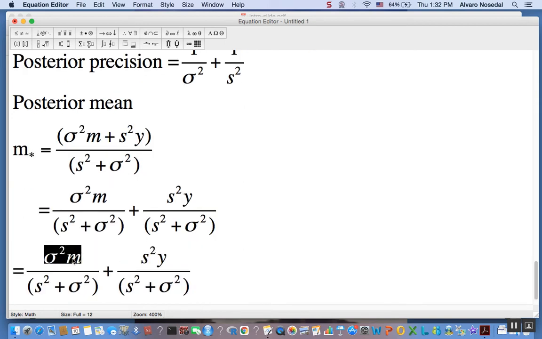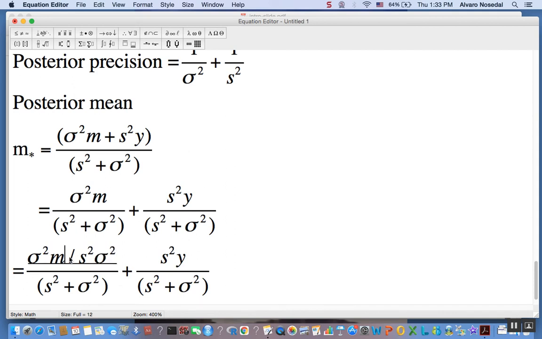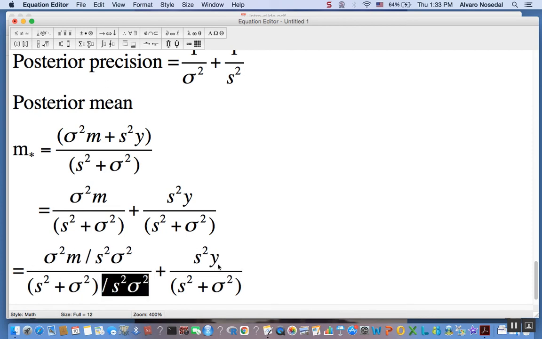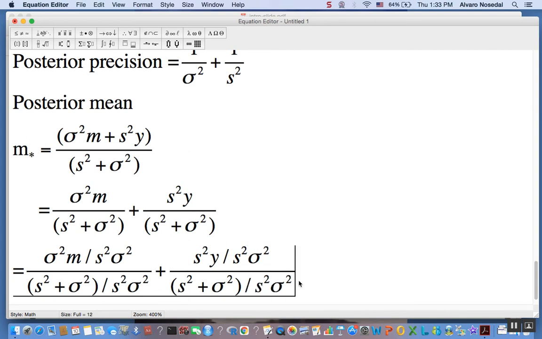So let me divide here by s squared times sigma squared, right? S squared times sigma squared. Let's do the same here, and we're just multiplying by 1 basically. So we're not doing anything illegal.